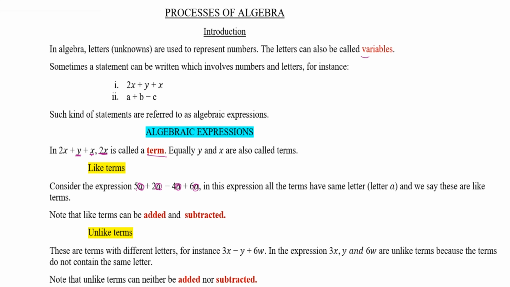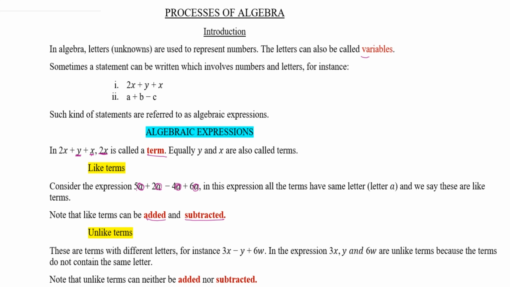You find that the common letter there is a, and we call this expression to have like terms. In this case we are saying like terms are those terms which have the same letter or contain the same letter. We need to take note that these like terms can be added and they can also be subtracted.